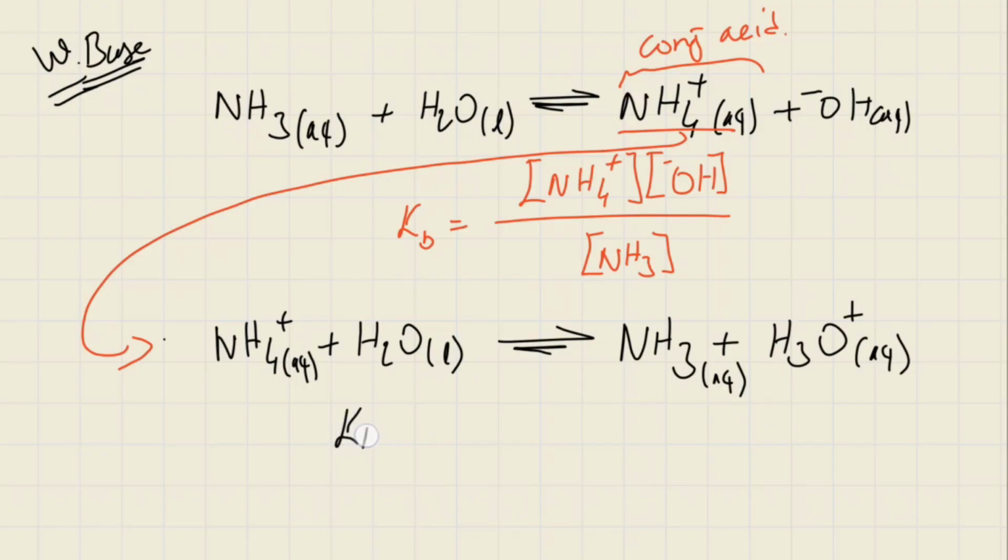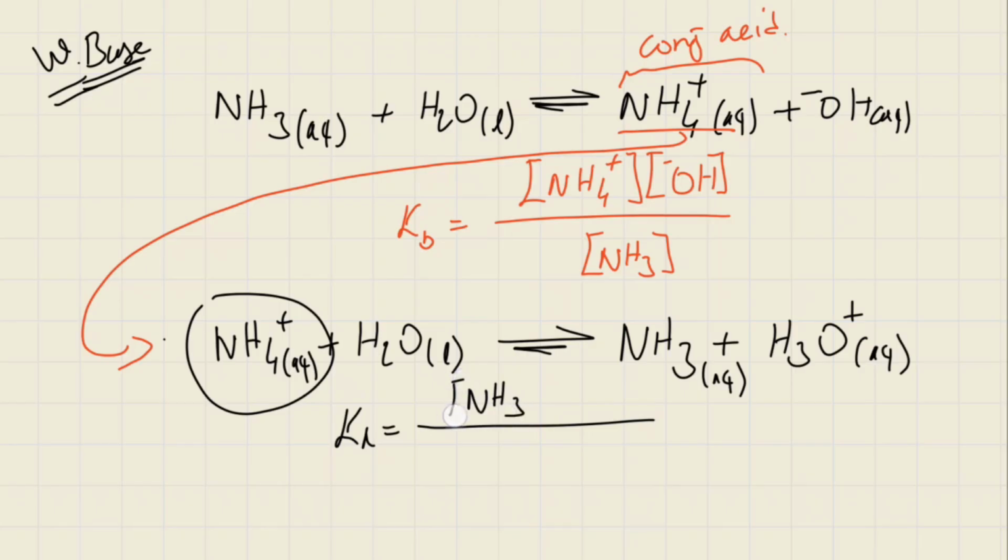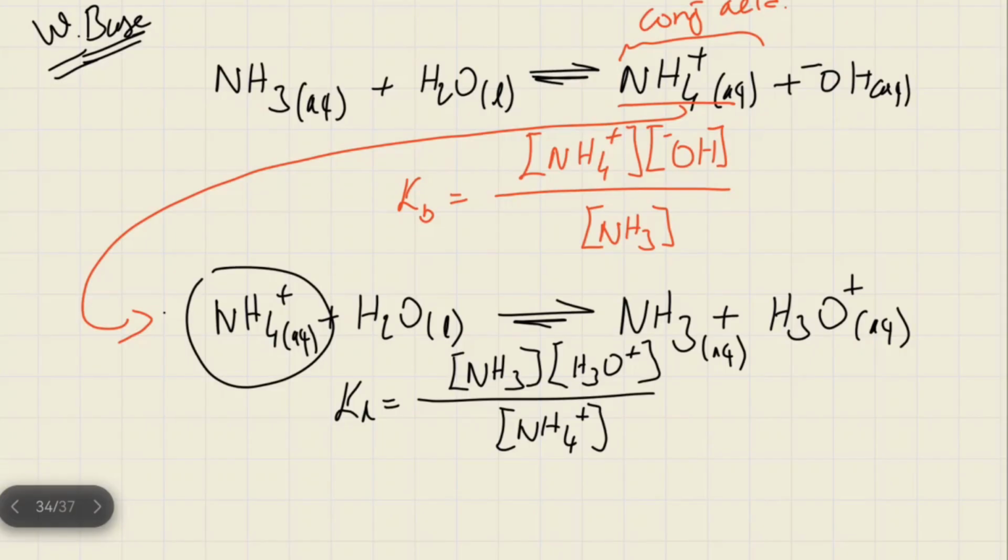And I can write a Ka value for this molecule. So it should be NH3 times H3O plus over the NH4 plus. What happens if I multiply Ka and Kb for these two reactions? Let's do it.